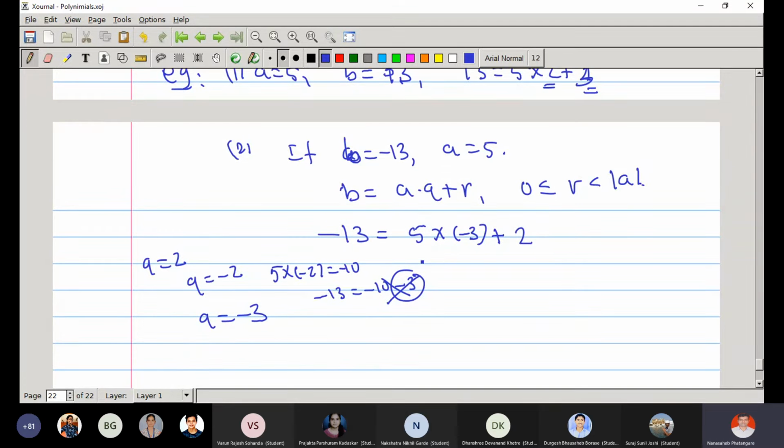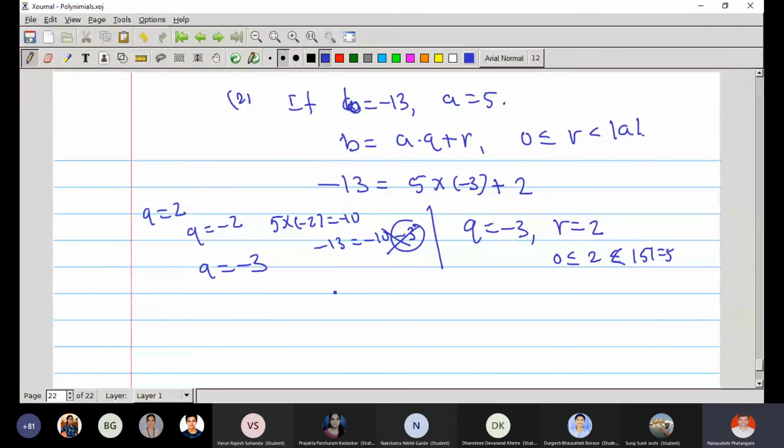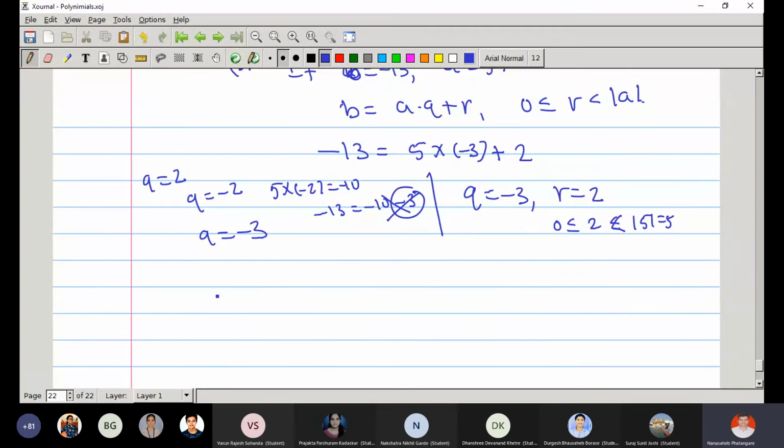Now the same problem I will treat in a different way. B is equal to 13 and A is equal to minus 5. So what to do? 13 is equal to minus 5 into some quotient plus remainder, but the remainder should be positive.